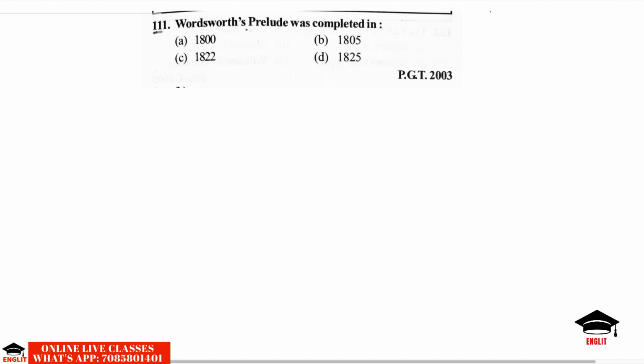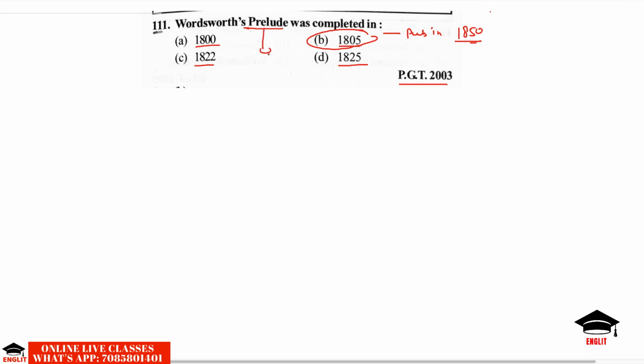Next question, William Wordsworth's Prelude was completed in 1800, 1822, 1805, 1825. The question was there in PGT 2003. The correct answer is it was completed in 1805. It was published in 1850 and it was completed in 1805.